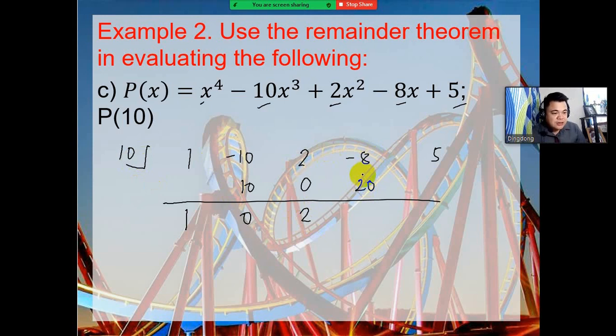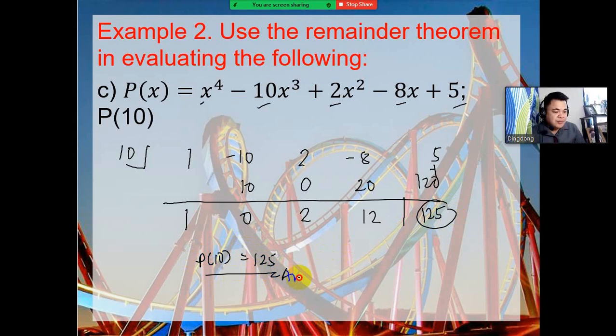And then 20 plus negative 8 is 12. And then 12 times 10 is 120. And then you add 5 plus 120 is 125. So the last coefficient is 125, and this is also your remainder, and that's the answer that we need. We have now P of 10 equals 125. So using the remainder theorem, you're able to prove that P of C is equal to R.